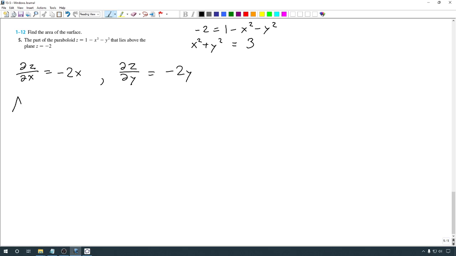So that means the area of our surface is going to be the double integral over the domain, this disk that we're talking about, of the square root of 1 plus (-2x) squared, so 4x squared, plus (-2y) squared, so plus 4y squared, dA.